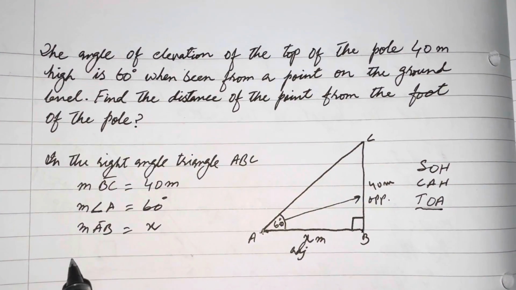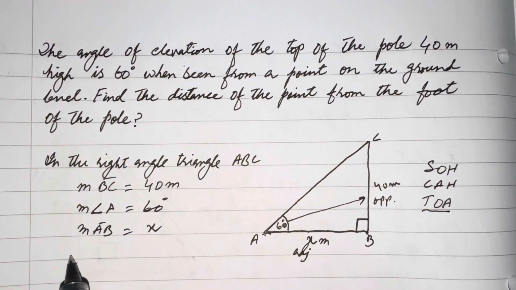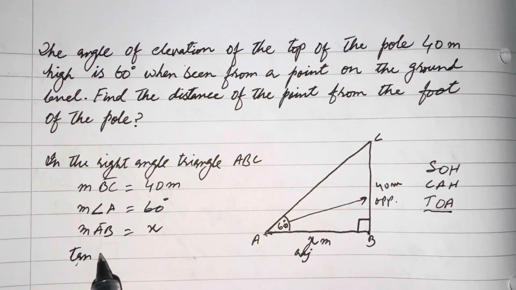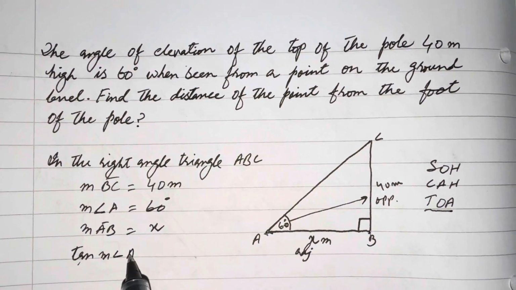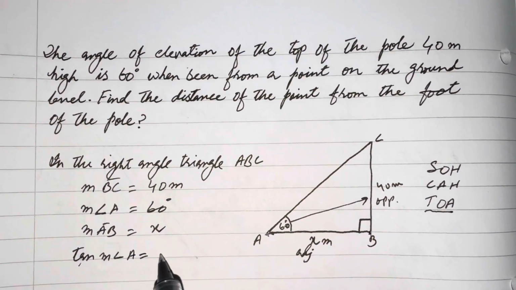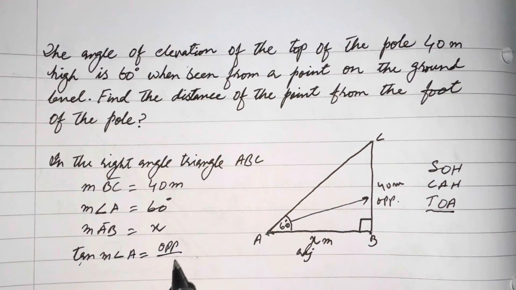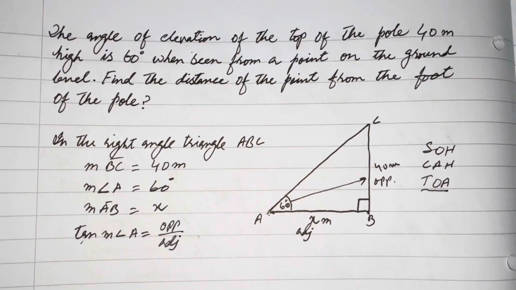So we can say that tangent of measure of angle A is equal to opposite side divided by adjacent side.